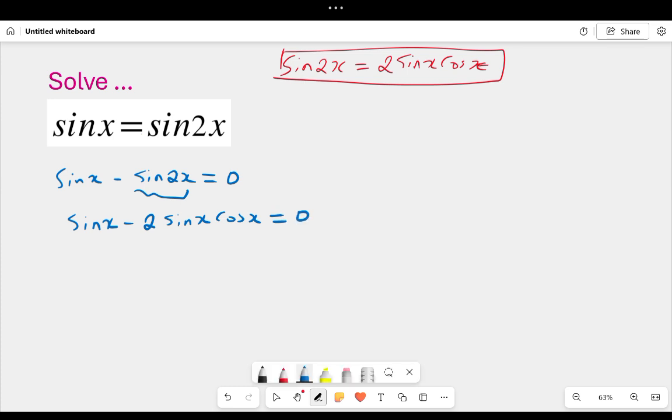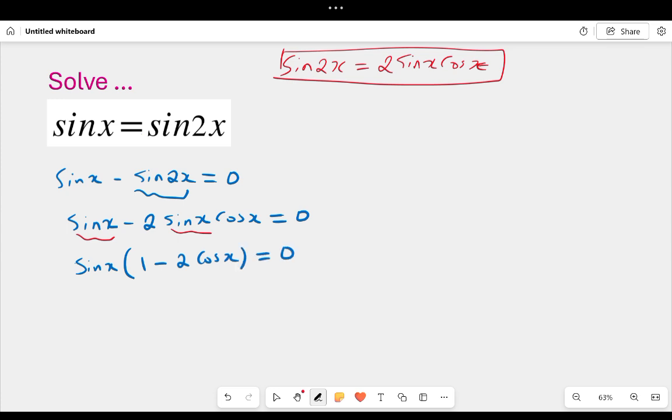Because we have sine here and here, we are going to factorize the sine outside, and this gives us sine x into brackets 1 minus 2 cosine x is equal to 0.